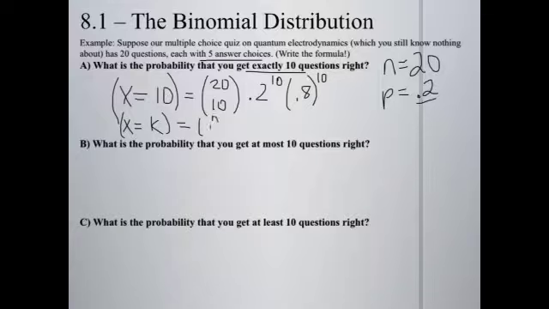All right, next question. What is the probability you get at most 10 questions right? At most 10 questions right means no more than 10. So from 0 all the way up to 10. So how I'm going to write that is I have 20 questions, choose 0. I get none of them right.